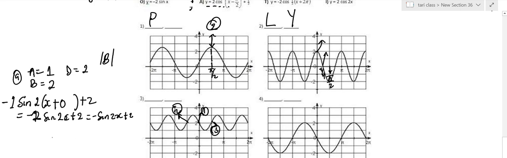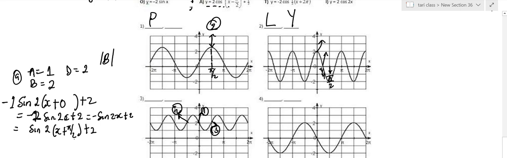Now let me observe my sign rule, observing point 2. It doesn't change, that is sine 2x plus 2. Now what will be my phase shift? My phase shift will now be positive pi over 2.